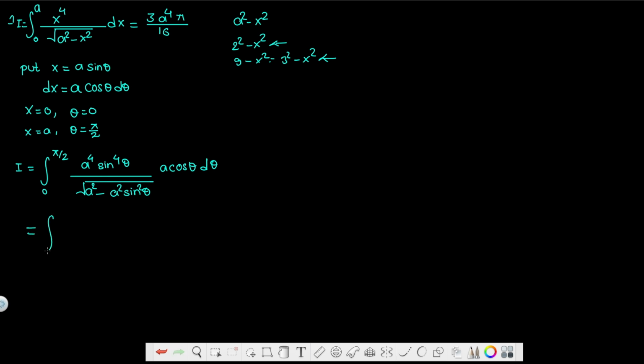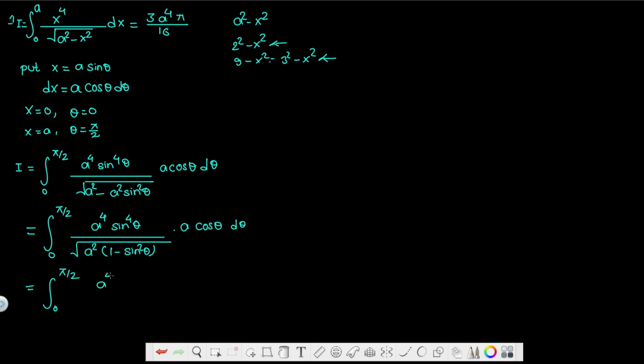Equals integral 0 to pi/2 of a^4 sin^4 theta, and we can take a squared common here: a squared times (1 minus sin squared theta), times a cos theta d theta, equals integral 0 to pi/2 of a^4 sin^4 theta.